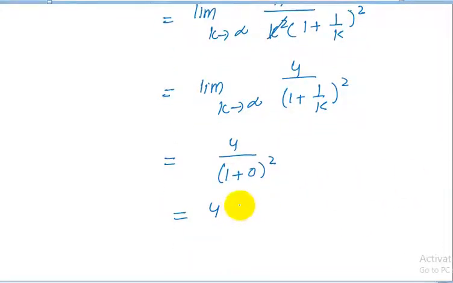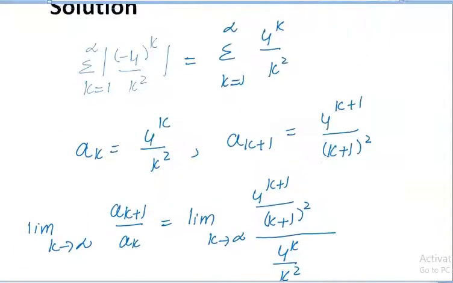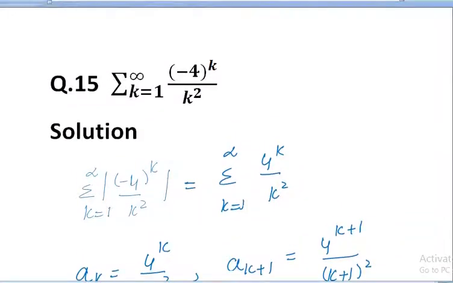4 is greater than 1, which implies the given series is not absolutely convergent.